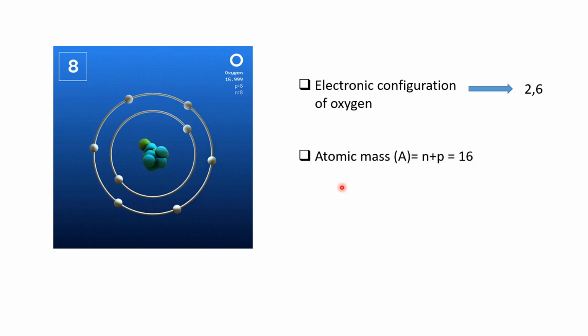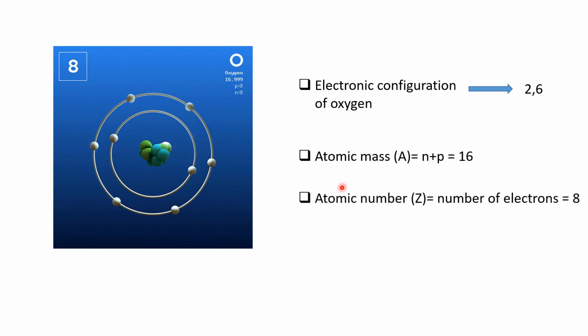Okay. Now the next would be atomic number, which was denoted by Z, and it was nothing but the number of electrons in the neutral state, or the number of protons. So here I can say that it is the number of electrons because this atom is in the neutral state. Why is it in the neutral state? You will come to know the neutral state concept in the next example.